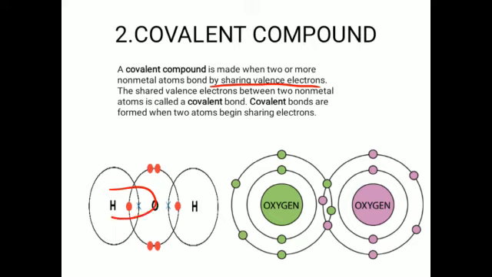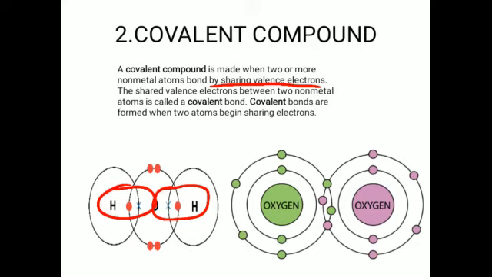These two electrons are mutually and equally shared between oxygen and hydrogen, making a single covalent bond. Another bond is formed between oxygen and another hydrogen atom.